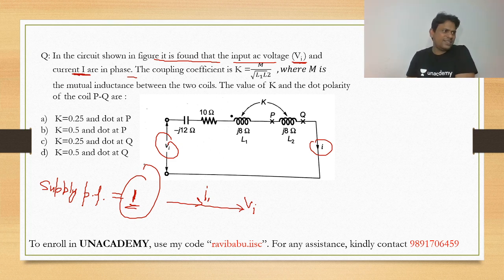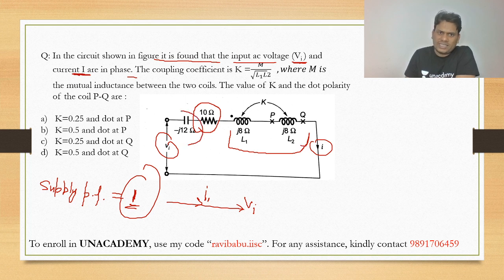Now dear friend, you know very well, this system can provide unity power factor only when we have a pure resistive load. It means this coil combination should be cancelled by this capacitor.